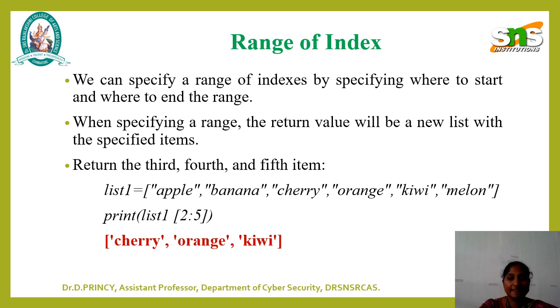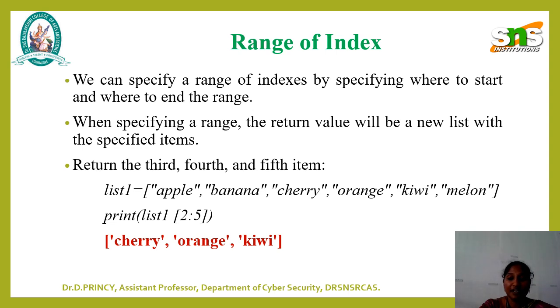Range of index. We can also specify a range of indexes by specifying where to start and where to end the range. That means a list allows us to access a range of items, not only a single item. When specifying a range, the return value will be a new list.